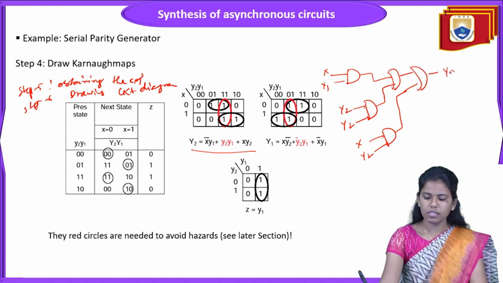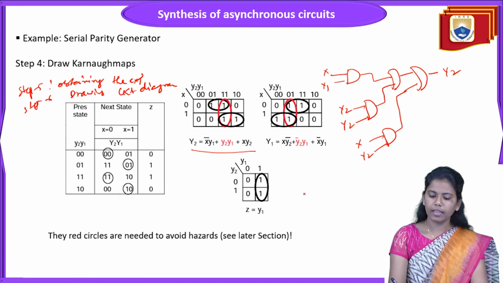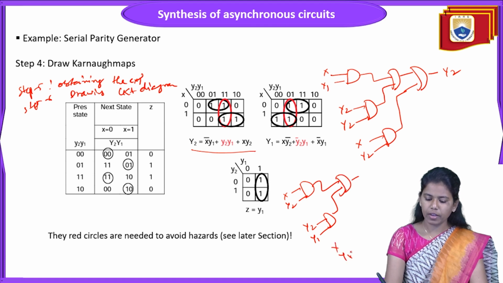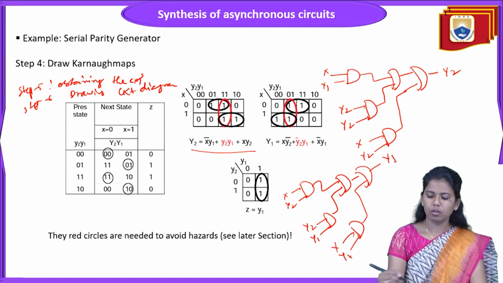Okay, so this is about y2. Similarly, I can draw for y1. So y1 is x, y2 and y2, y1, and then x, y1. So this is about y1.